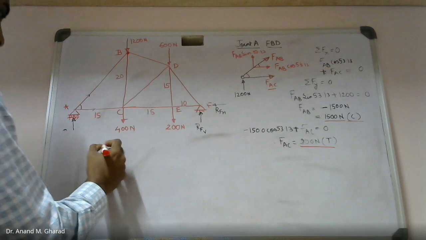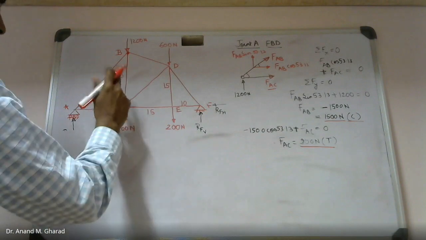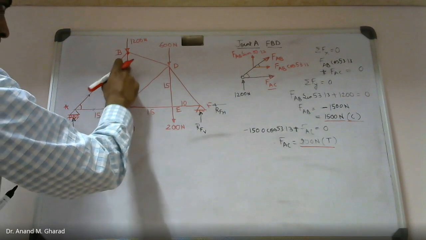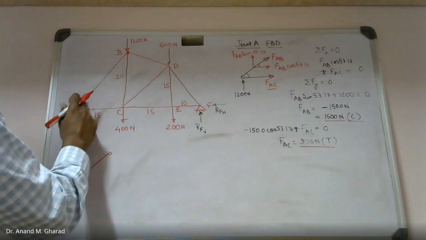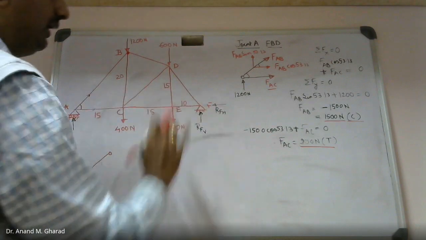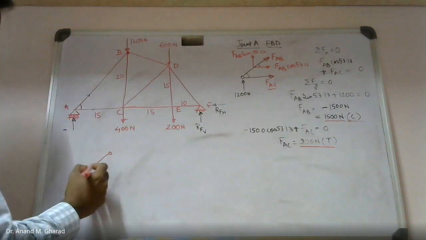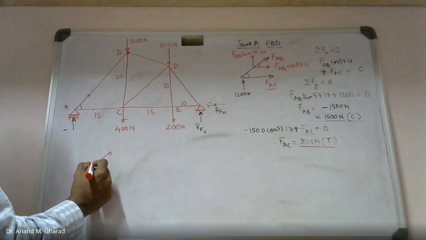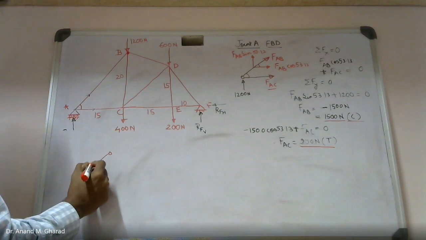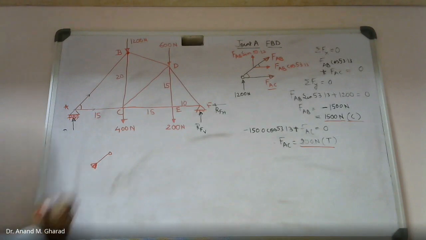How many forces do we observe? There are three members actually. Out of that, you can see that we have already evaluated force in the member AB. Force in the member AB came out to be compression. Compression in the sense direction of the arrow shall be in this manner. Do you agree? This will be the direction of the arrow.